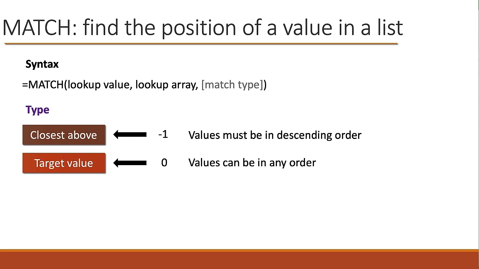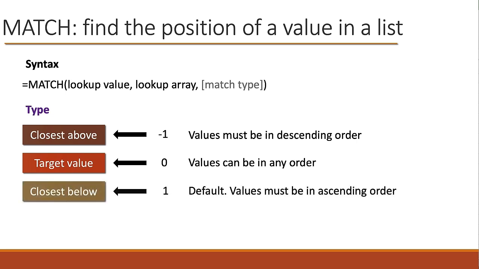It can be in any order. And the opposite of the first option is if we use a +1 as the match type, that means we will accept an approximate lookup value, and it has to be less than the target value we're looking for. For this to work, the list has to be sorted in ascending order. Now, that's the default match type, so if we leave out that third option, the function will assume we will accept the closest value below if it doesn't find an exact match.